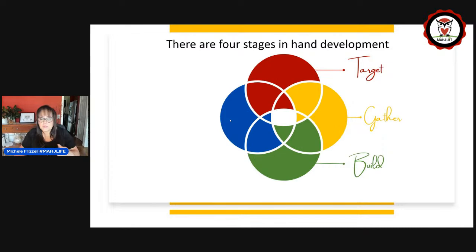Then you're going to build your hand, because American Mah Jongg is a game of multiples. 91% of the hands use pairs, pungs, kongs. There are hands with singles in them, but there are far fewer. It's really a game of multiples, and that's another differentiator for American Mah Jongg. So you target, gather, build.